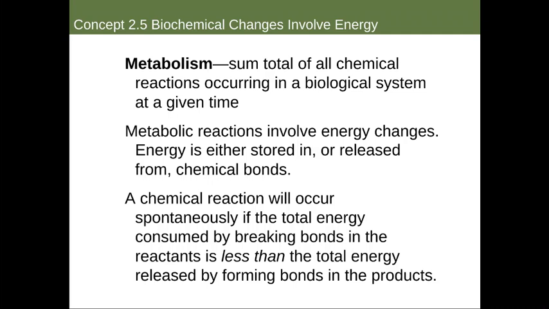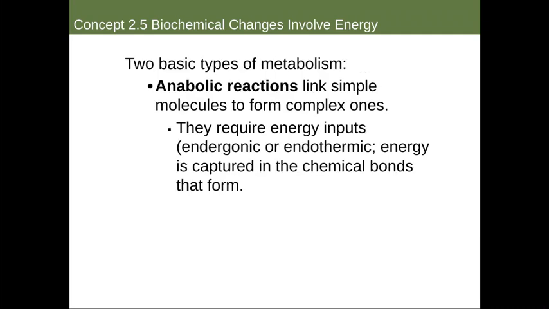Now, if you look on page 32 in your text, figure 2.14 gives a good representation of that in terms of free energy and how it works, which we'll get to in a second. So the two types of metabolic reactions are anabolic. This is when we are requiring energy. We say they are also endergonic or endothermic.